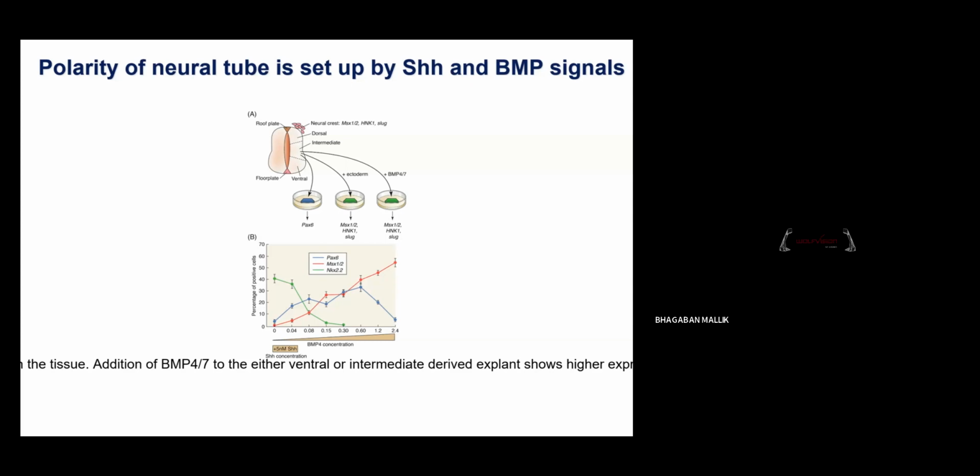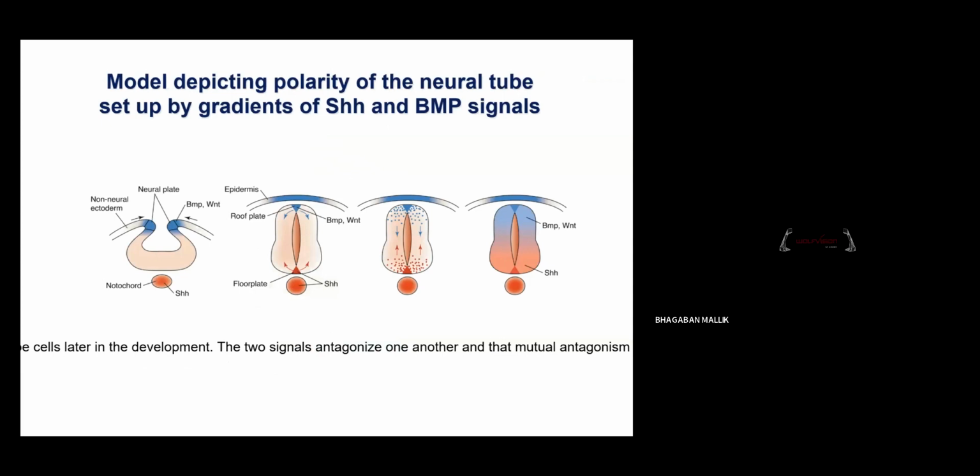So this is how sonic hedgehog and BMP define the polarity of the neural tube. Okay, so we'll come to the last slide, just to summarize how the interaction of different signaling molecules defines the dorsal or ventral polarity during development of the nervous system.